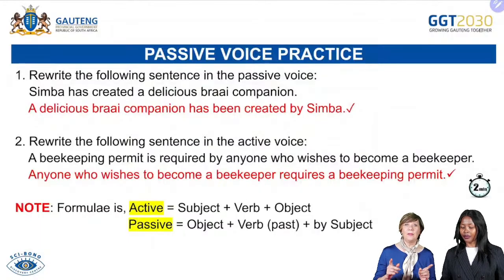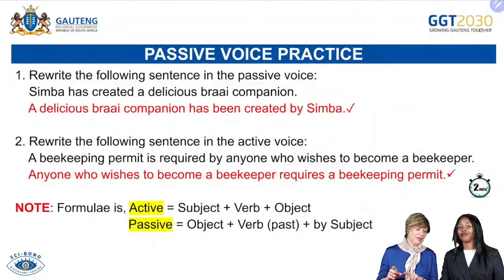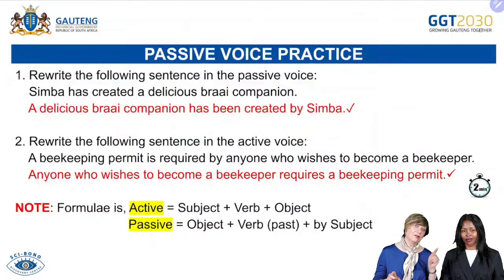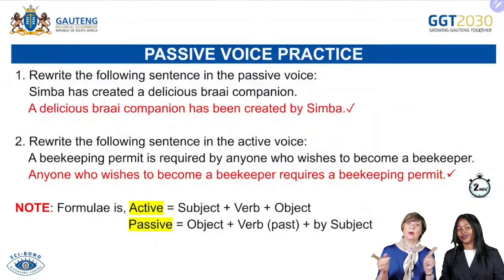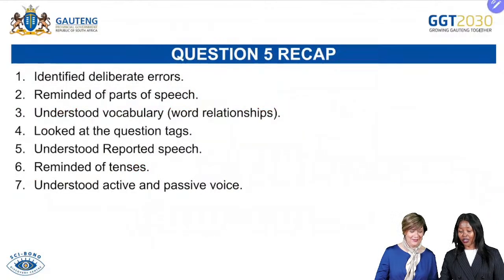And you know, the problem is what you have to be careful for, grade 12, is they can ask you to change it from active to passive, but they can also ask it to change from passive to active. So be careful when you practice these to make sure you can do both ways. 100%. As you can see in the example here, grade 12s, you're more than welcome to take a shot of it or have this in your records.